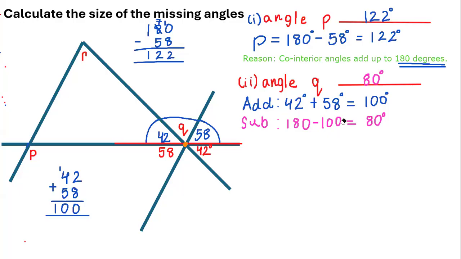All right, class, do you all understand how we got this? What's the reason, by the way? Angles on a straight line at a common point add up to 180 degrees. Very good. The reason is: angles on a straight line at a common point add up to 180 degrees.